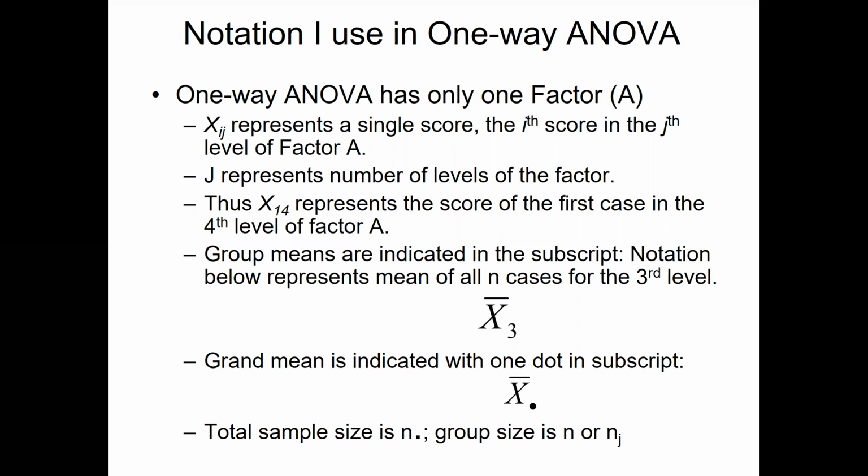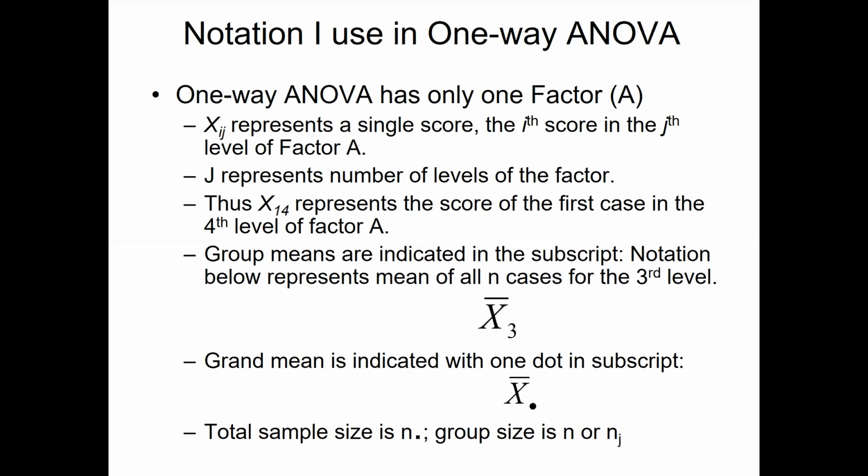The grand mean, which is the mean of all the means, or the mean of all the concentration values in the entire sample, is X bar sub dot, which is just called the grand mean. No one says subdot. X bar grand, and that's the mean of all the means. So it's used with a subscript of a dot.